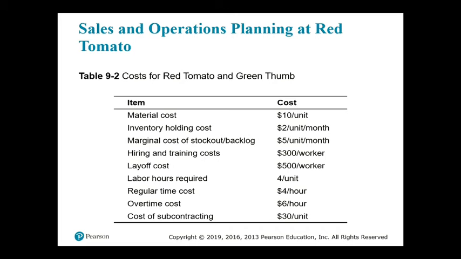So Red Tomato and Green Thumb need to design a way to collaborate with one another to determine their promotion period. Basically they want to explore how the timing of promotion affects their profitability.